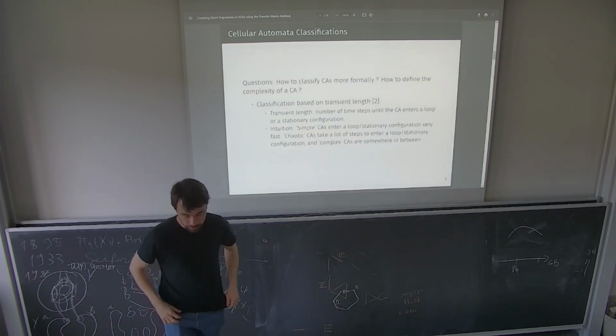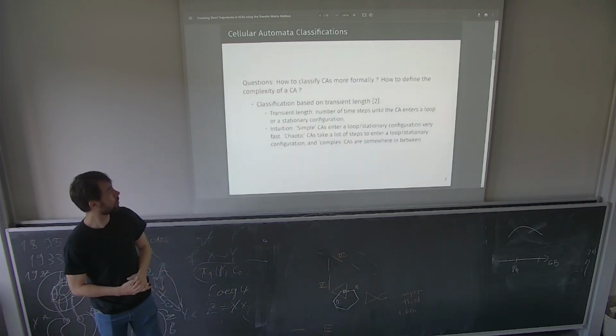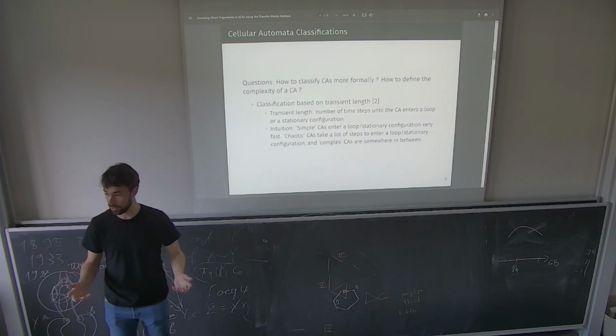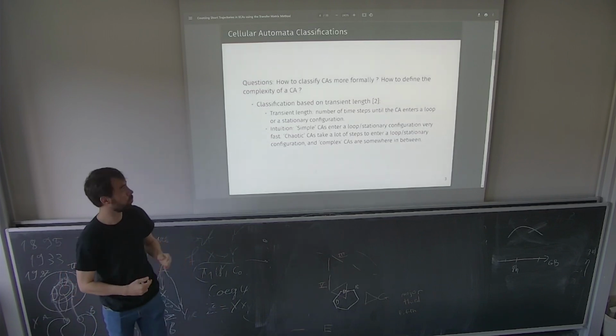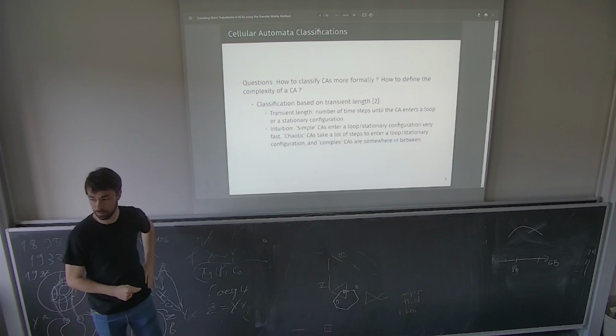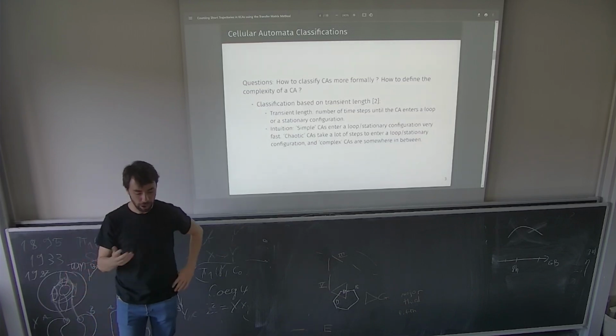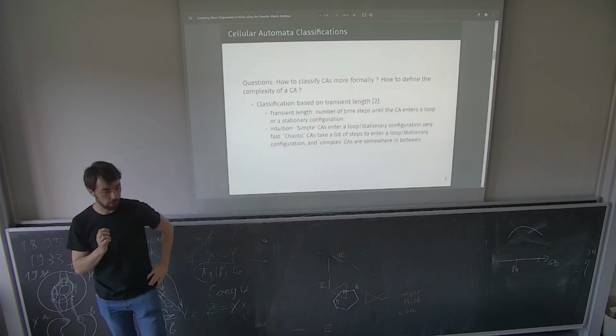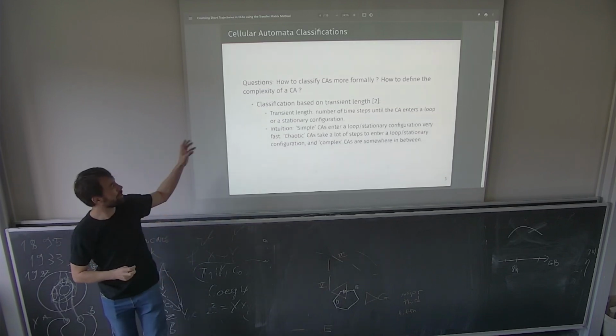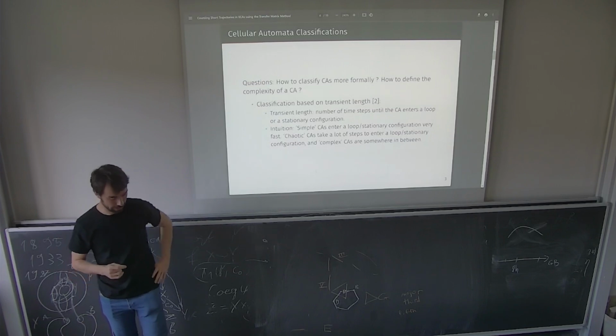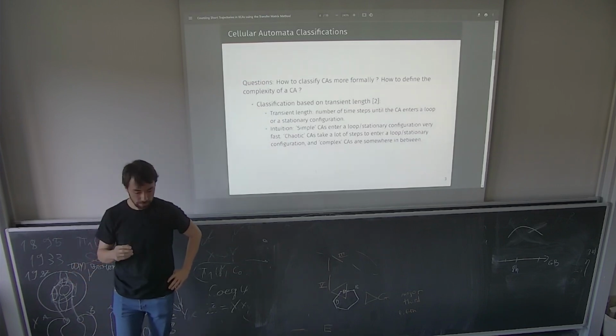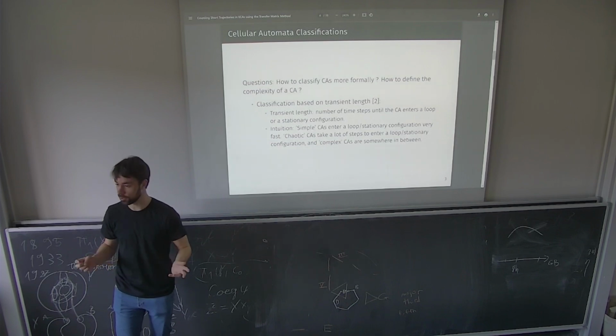Okay, but there are still open questions, like how can we classify these cellular automata more formally, even the simplest ones, the ECAs, and how can we define the complexity of cellular automata. Now Barbara is gone, but there is a work by Barbara and Tomasz Nikolov where she classifies elementary cellular automata depending on the transient length.